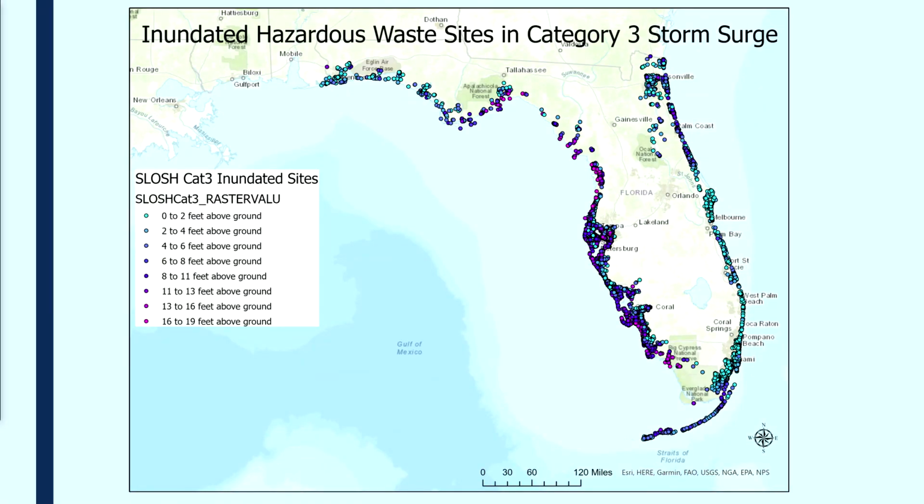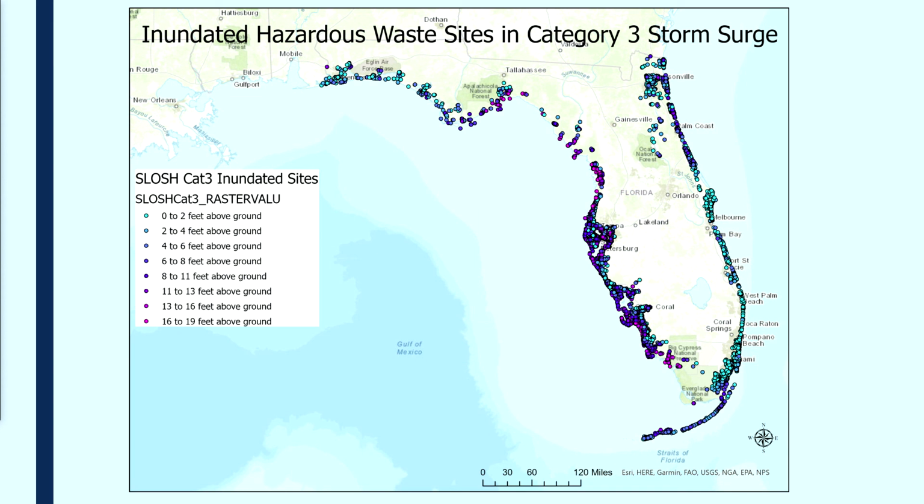And then if we overlay the sites on top of it, what we see is each of these dots is a cleanup or a regulatory site that is active. I did not include closed sites because those were considered cleaned up. Essentially, they are considered safe.